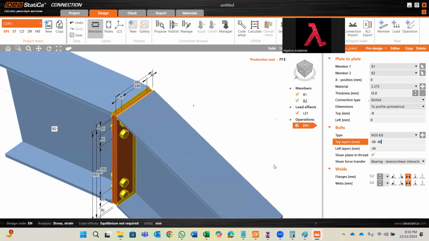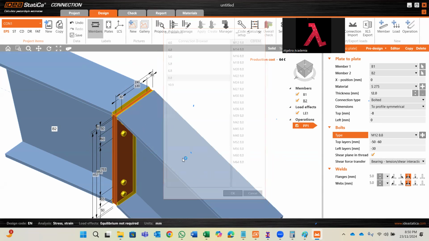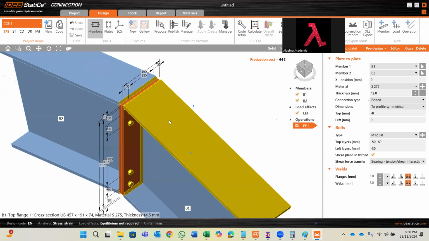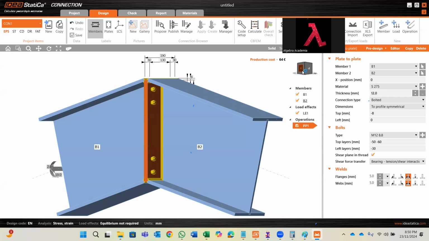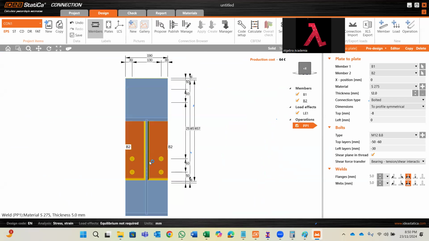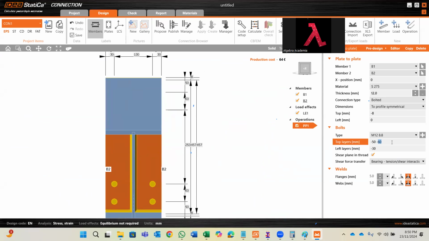Okay. Then I'll go for the bolt M12. Then I'm just adjusting the spacing of the bolt here.